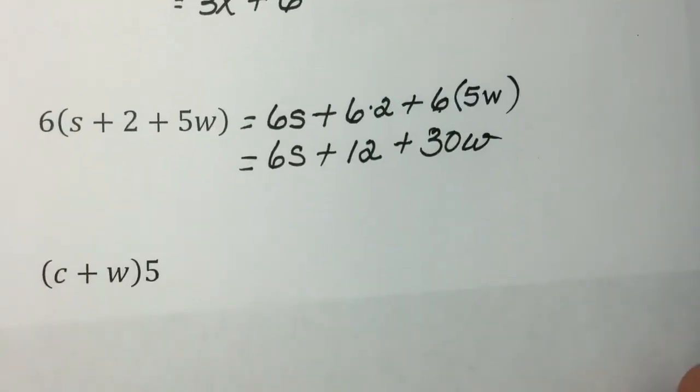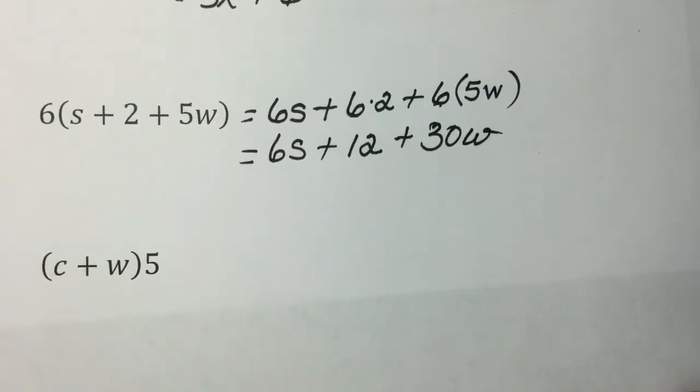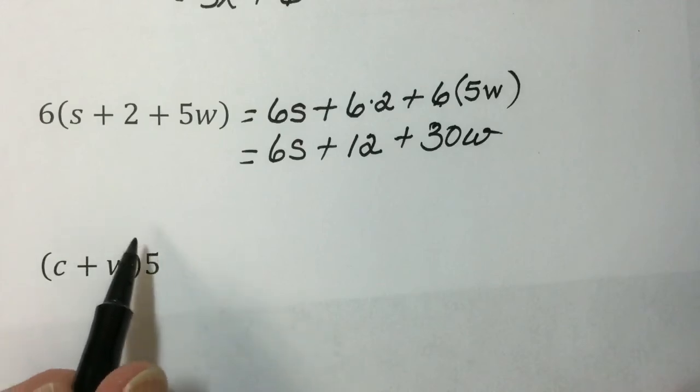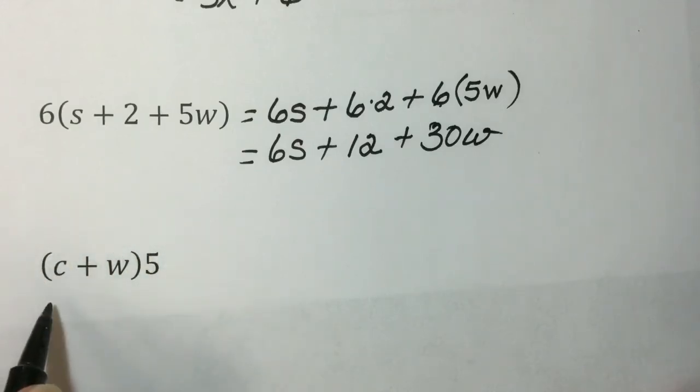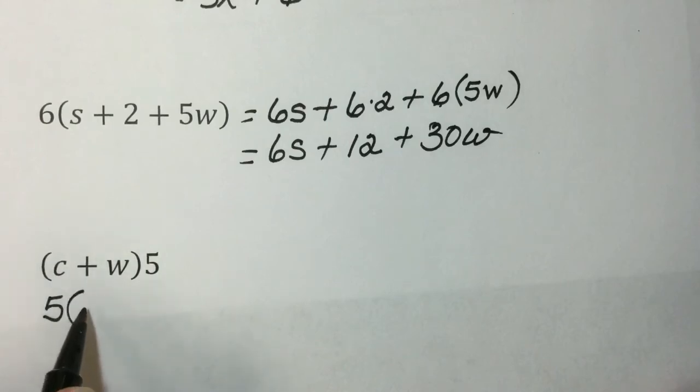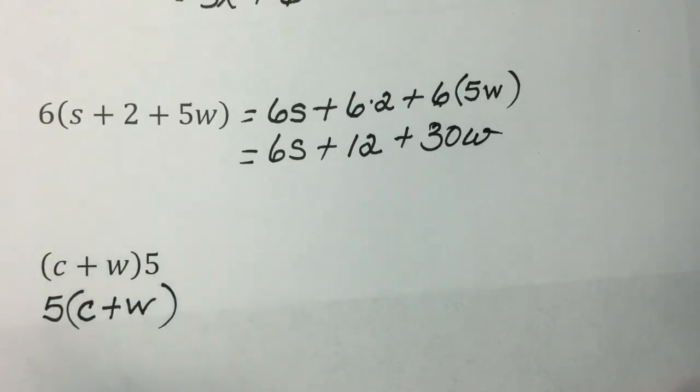This last example, we also can use distributive, and it seems a little awkward to have the multiplier on the right, but if we think about the commutative property, we could think of this in terms of 5 times the quantity c plus w, and then it clearly looks like the standard form for the distributive law.